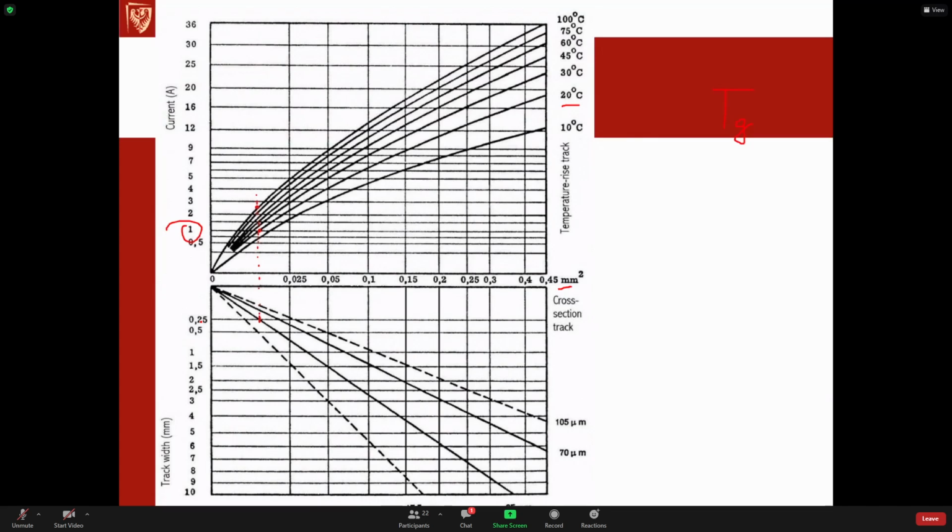Which parameter of the track is responsible for this temperature rise at a certain current? Anybody? You can write in comments if you don't want to use a microphone. Of course, resistance.